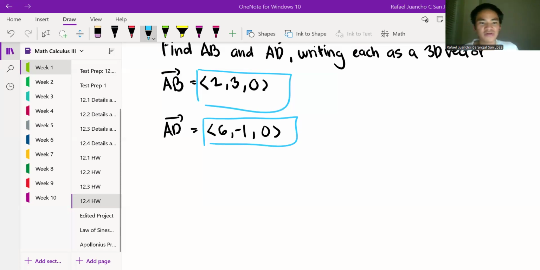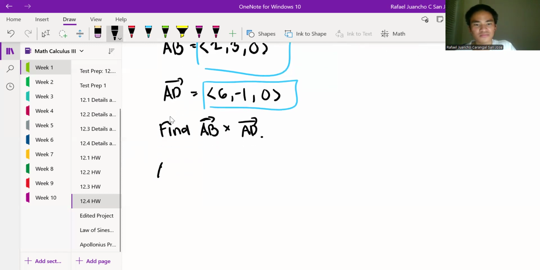Nice. Now I want to find their cross product. So now we want to find their cross product. So we're just going to use that IJK format that we did.